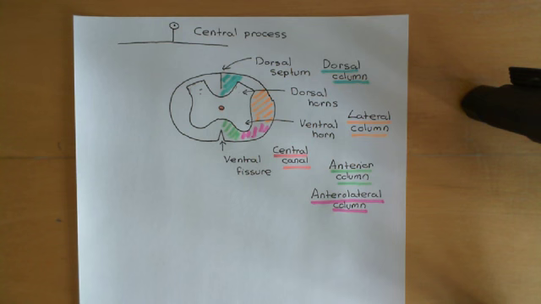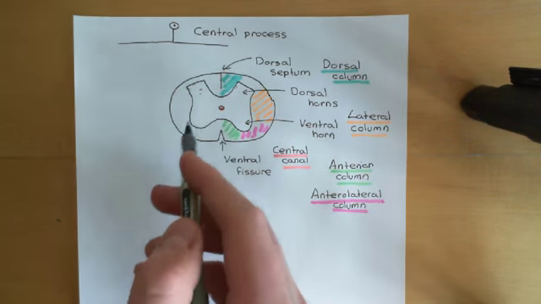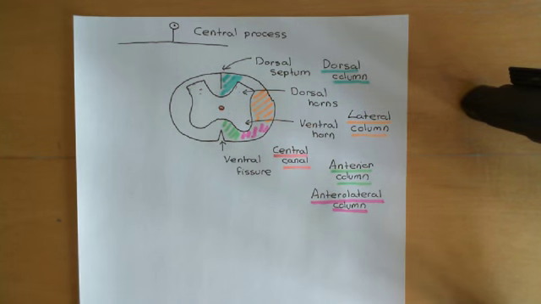What we want to look at now is the Rexed laminae that the grey matter of the spinal cord is divided into. But before we do that, I also would like to show you a dorsal root and a ventral root coming into the spinal cord.